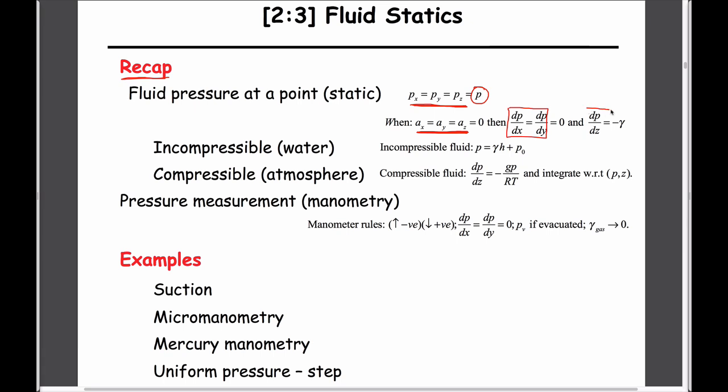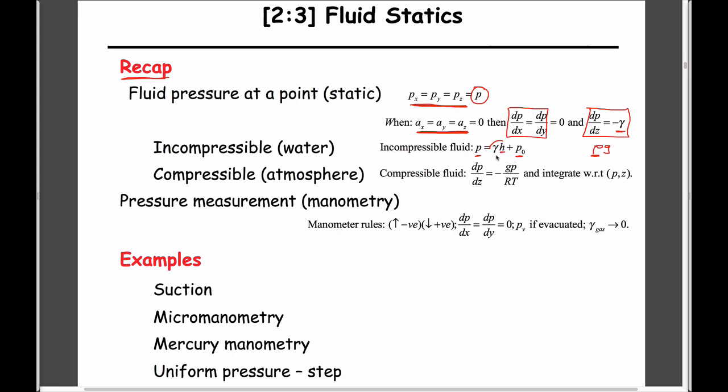And we also know that if we move vertically, the pressure will change by an amount given by the unit weight of the fluid, which is just the product of density and gravitational acceleration. This is always true in any fluid, but in an incompressible fluid where the density doesn't change very much, it's a negligible change, then we can always get the pressure as a function of some reference pressure and a change in elevation relative to that.